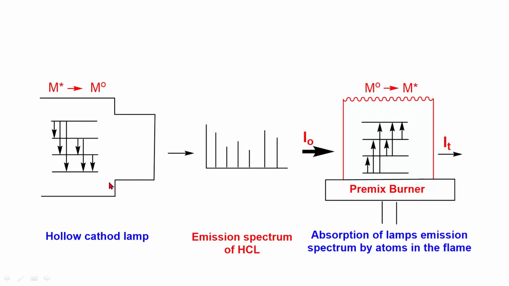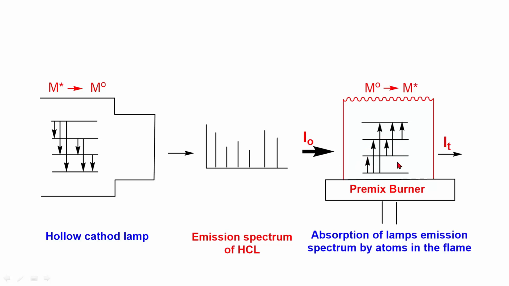In hollow cathode lamp, the excited state atoms go to the ground state and give rise to characteristic emission spectrum of an element. When this radiation is passed through the flame, in the flame there are gaseous ground state atoms. Those are susceptible to absorption of characteristic radiation.